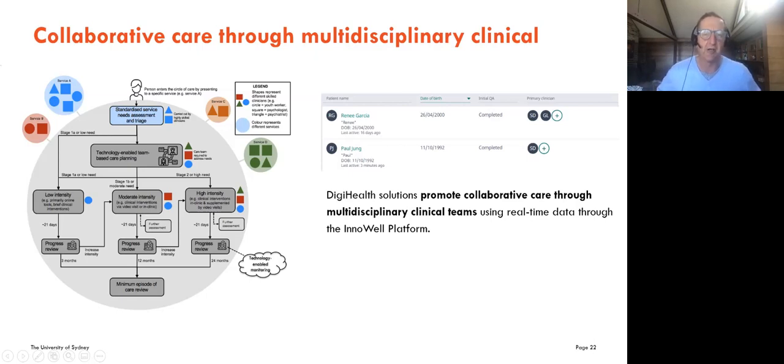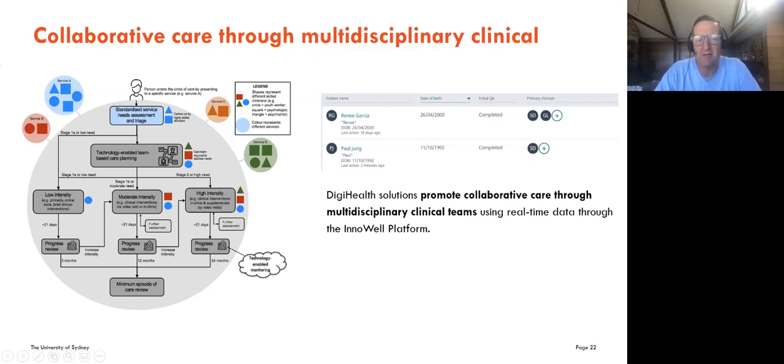So going back to my earlier point, we have known for a very long time that collaborative care works better than any individual care. If you want to get a good outcome, you want to have what's most relevant, you need to have collaborative care. Now, in many areas of clinical medicine, a surgeon can't operate on their own. A radiotherapist can't operate on their own. A person can't prescribe chemotherapy on their own.